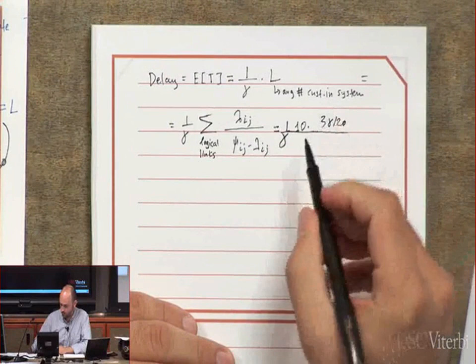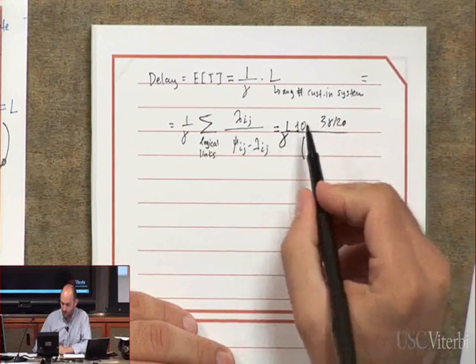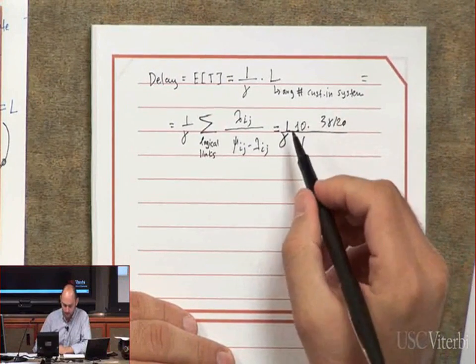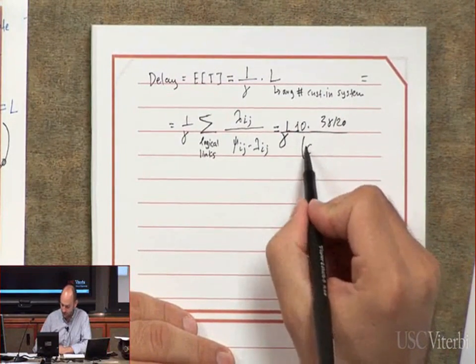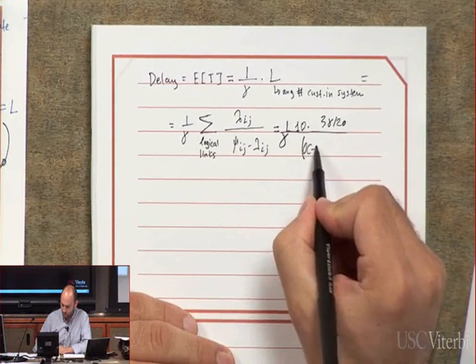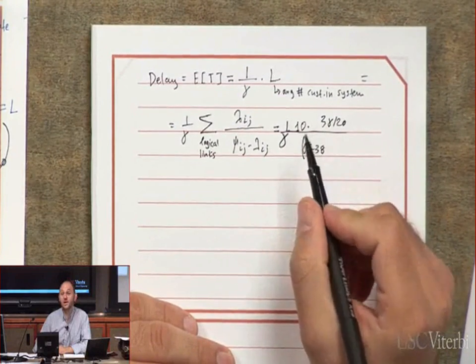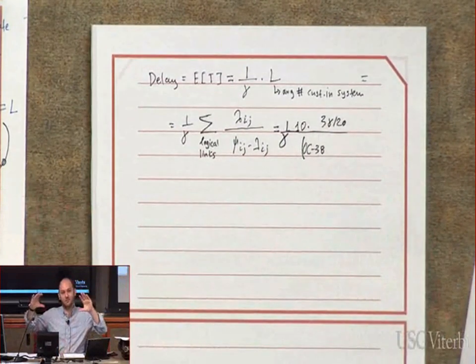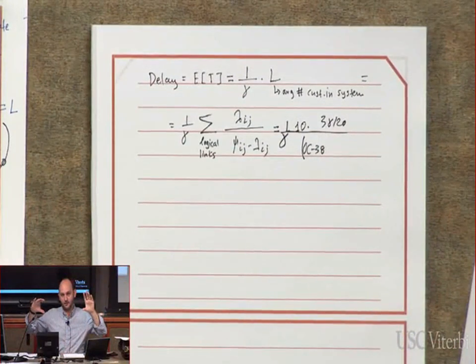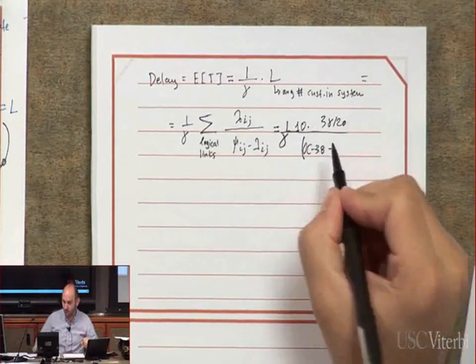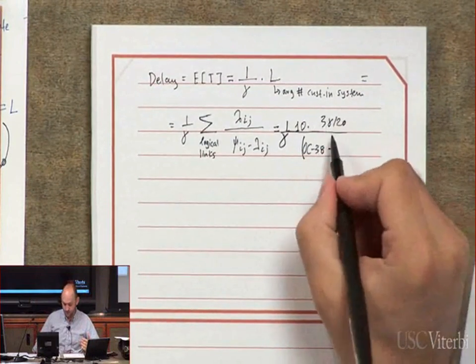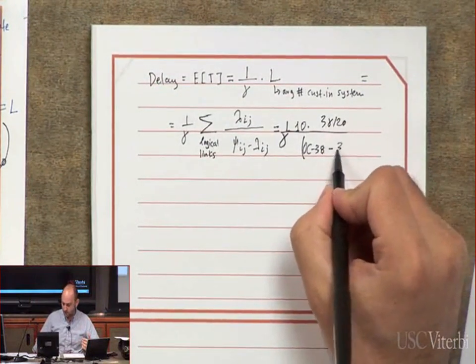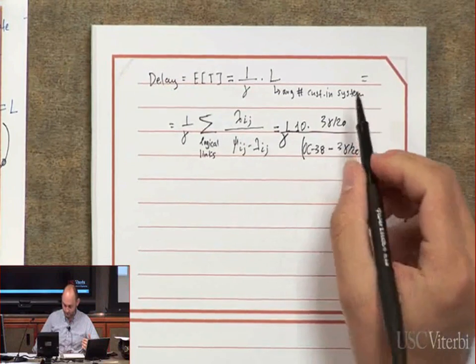gamma over 20, and in the denominator we will have, what is that? OC-38 is our service rate, the maximum capacity of the link, minus what it really flows in the link, which is 3 gamma over 20.